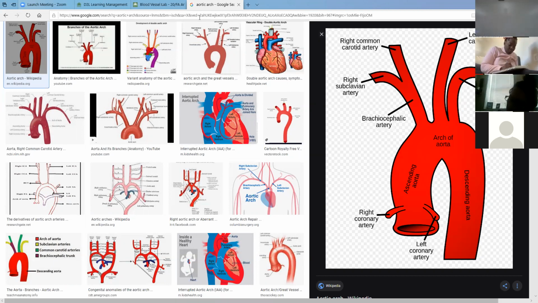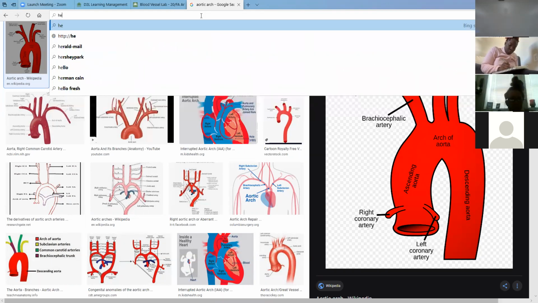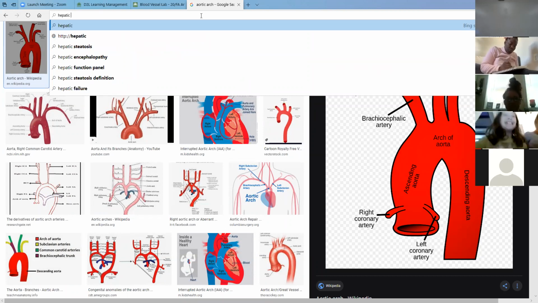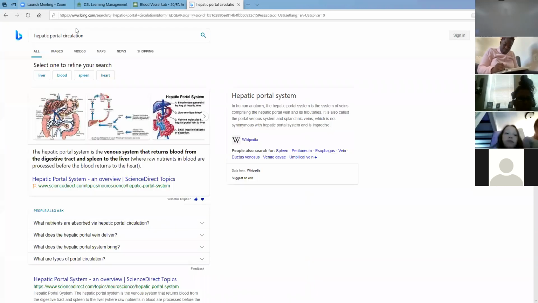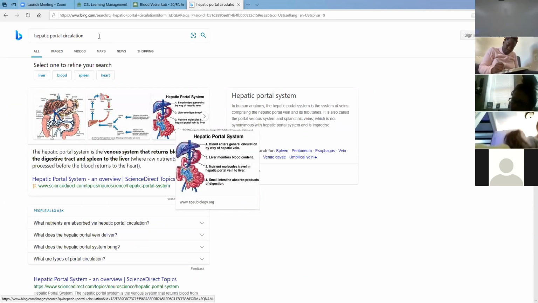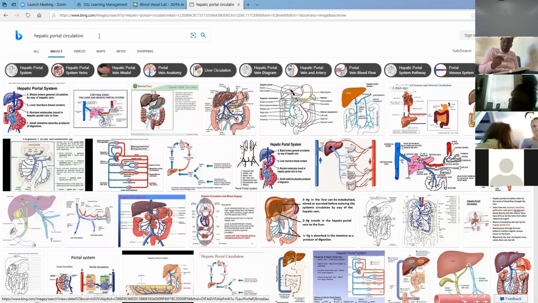Okay, let me pull up the hepatic portal. What's a good one here? I guess this is good.